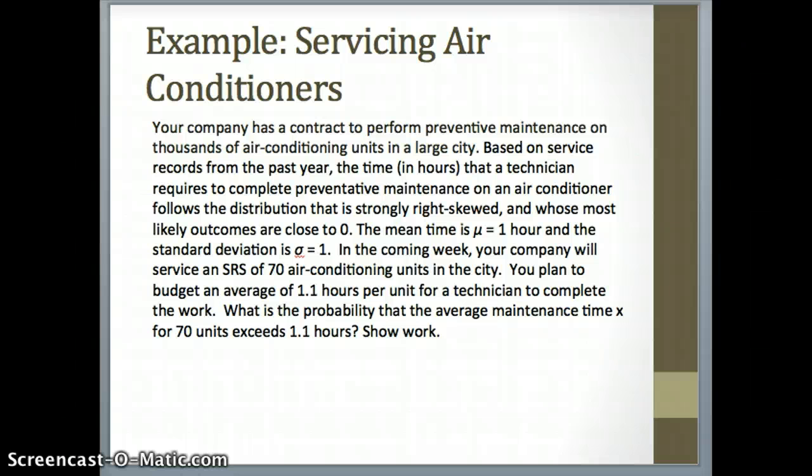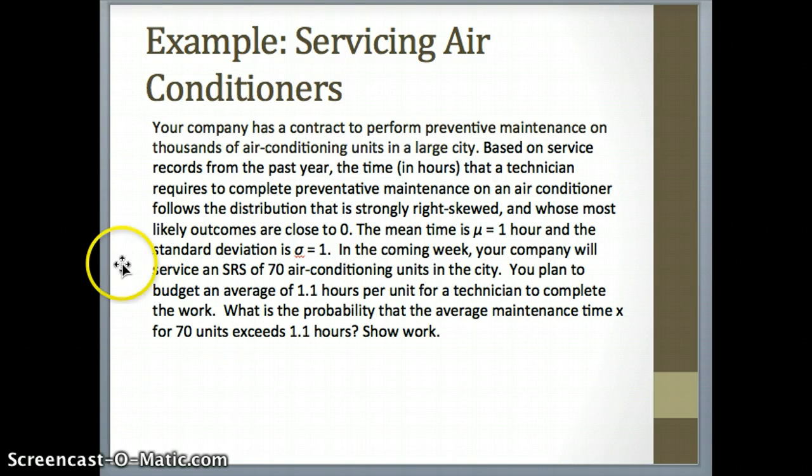The mean time is 1 hour, and the standard deviation of your population is 1. In the coming week, your company will service an SRS of 70 air conditioning units in the city. You plan to budget an average of 1.1 hours per unit for a technician to complete the work. What is the probability that the average maintenance time x bar for 70 units exceeds 1.1 hours?